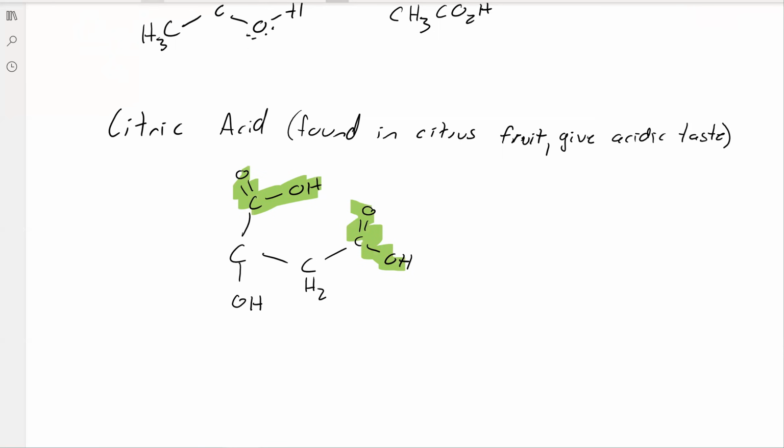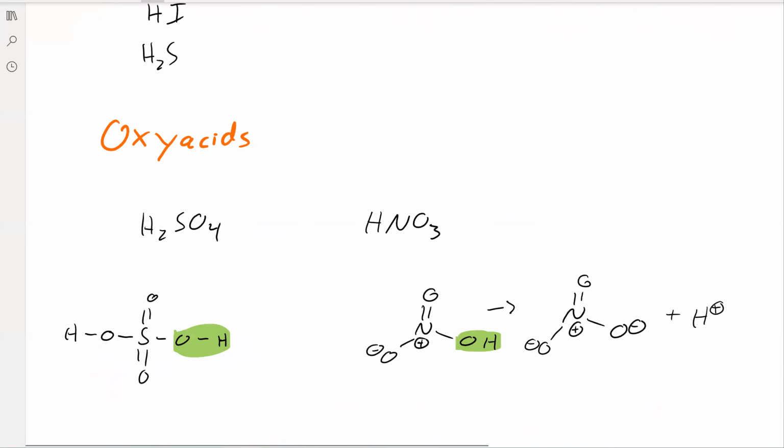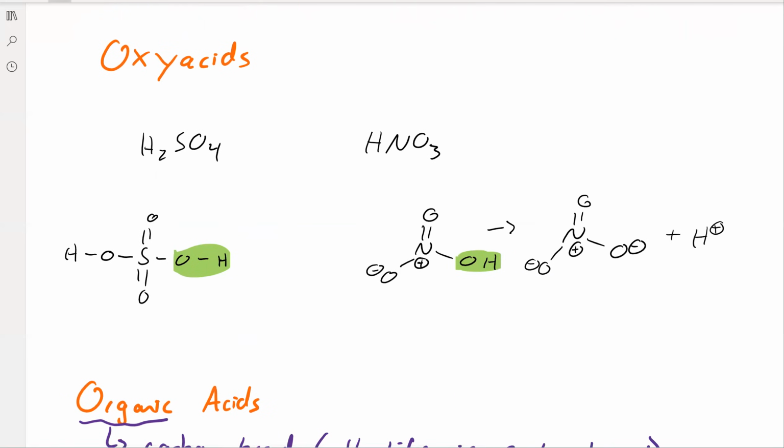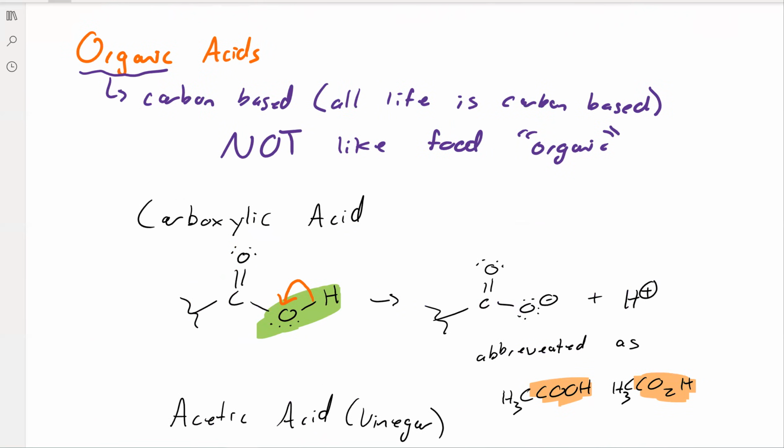And then over here, another CH2, and then another carboxylic acid group. So anyways, three types of acids: binary acids, two elements; oxyacids, hydrogen, some other element, bunch of oxygens; organic acids, COOH or CO2H.